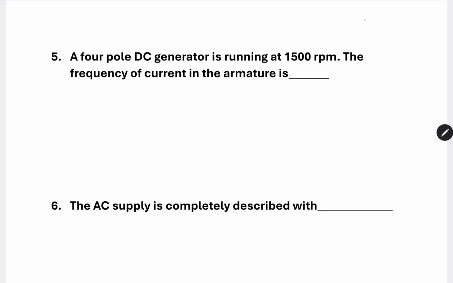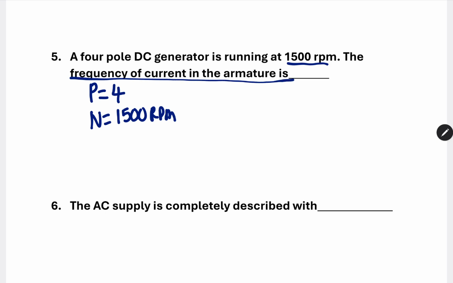Next, fifth question. A 4-pole DC generator, P is equal to 4, is running at 1500 RPM. So speed N is 1500 RPM. And the frequency of the current induced in the armature is? So frequency F we need to find out.